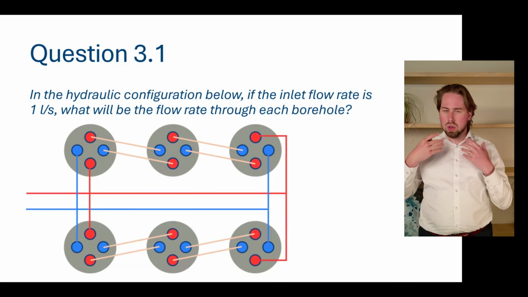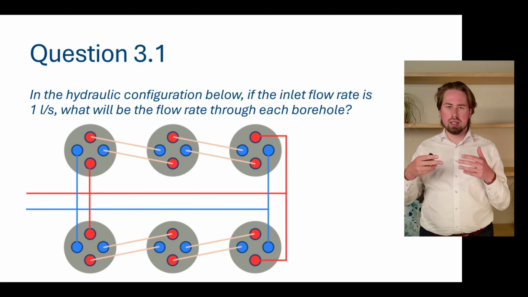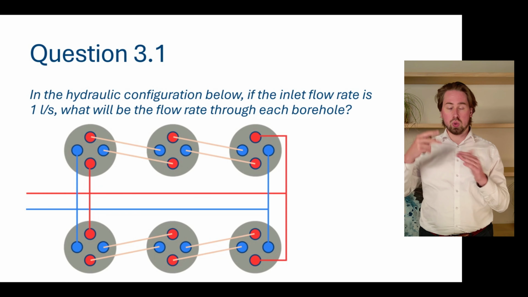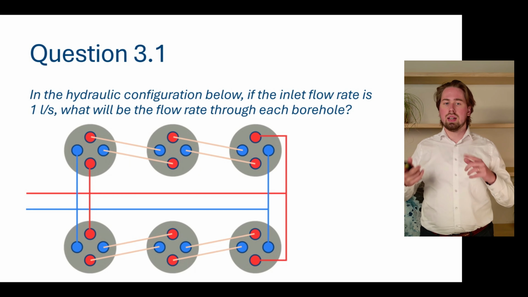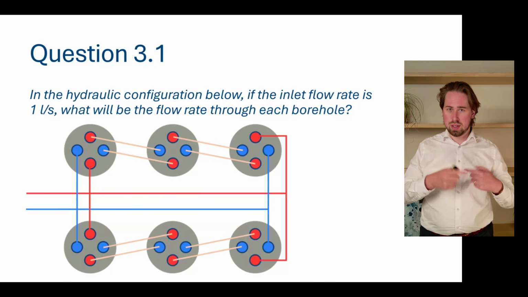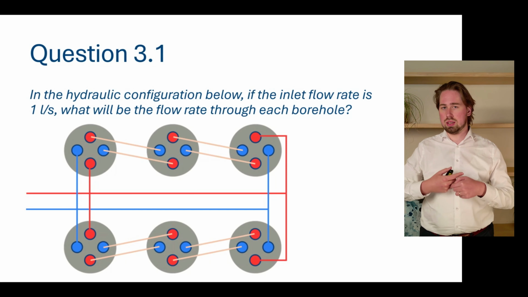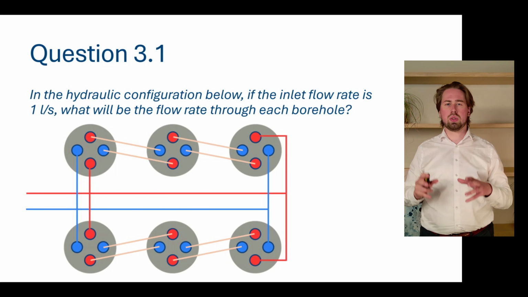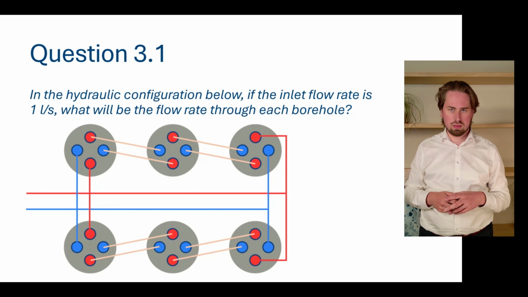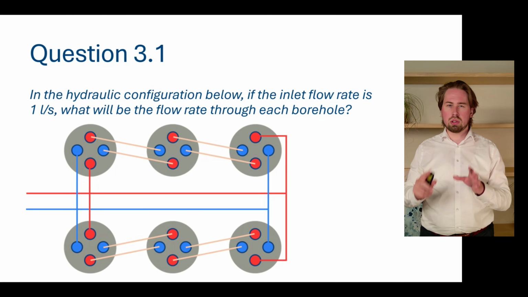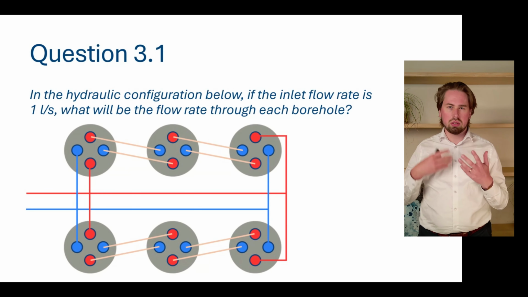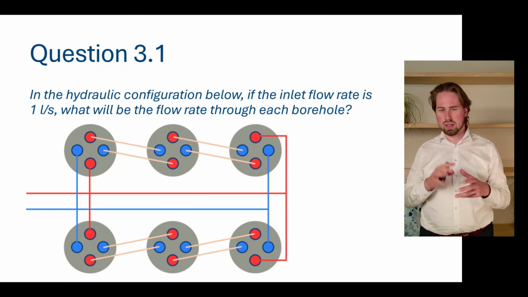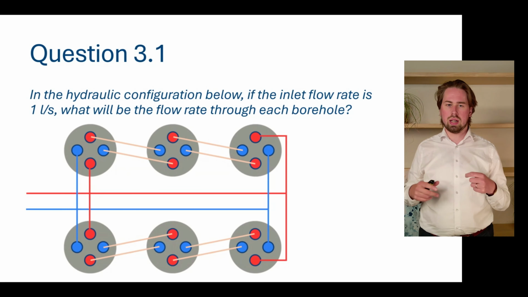So our 1 liter per second just has to be divided by 2 groups. So every group has 0.5 liters per second. And since the flow rate through every series connected borehole is the same, every borehole here is also 0.5 liters per second. Now, of course, this is done all internally in GHE tool, but it's just so that you can reason about how the flow rate behaves when you're changing your hydraulic configuration.